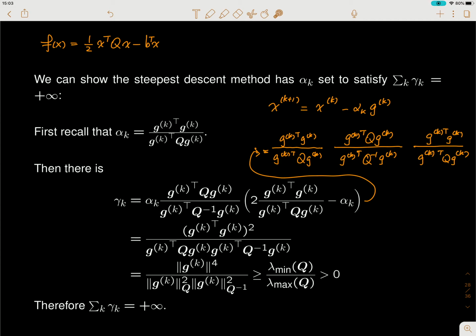This is because of an earlier result: for any vector, the Q norm of this vector squared is less than or equal to the maximum eigenvalue of Q times the squared norm of x. We're just replacing this x and this x by gk.